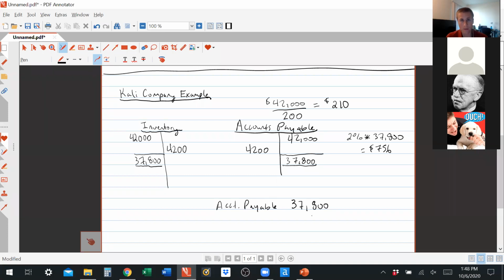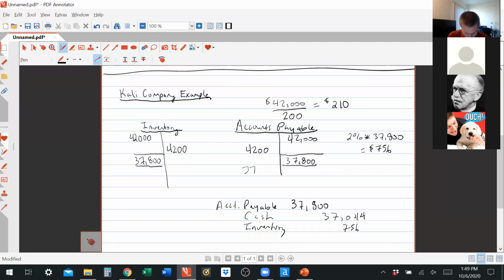So we debit account payable for $37,800. We credit cash for the amount that we pay them, which is $37,044. We only have to pay them $37,044, only 98% of what we owe them, because we get a 2% discount. And this 2% discount, we reduce inventory by the amount of the discount.